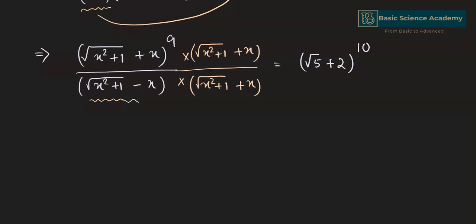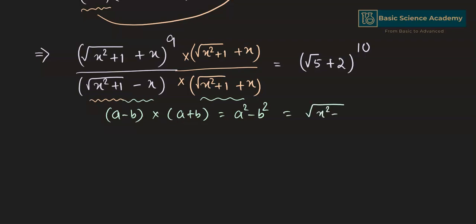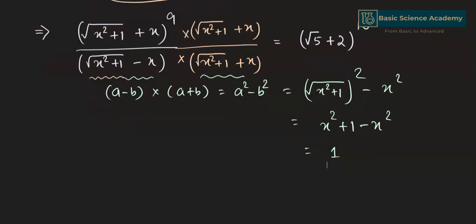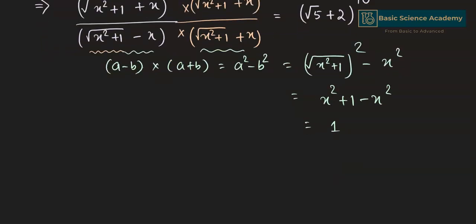Now the denominator is in the form of a minus b multiplied by a plus b, which is equal to a square minus b square, which is square root of x square plus 1 to the whole square minus x square, which is equal to x square plus 1 minus x square, which is equal to 1. Hence, the denominator is equal to 1.